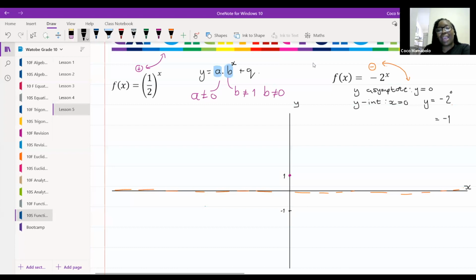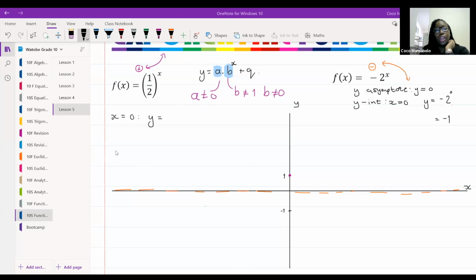Now, again, my asymptote will be at y is equal to 0. Now, if I make x equal to 0, what will my y value be, guys?